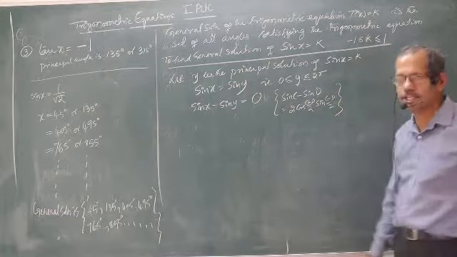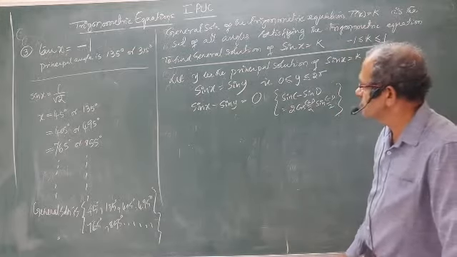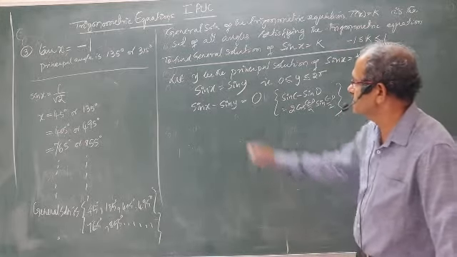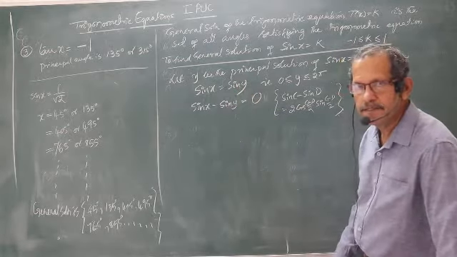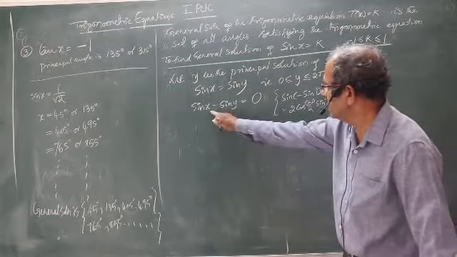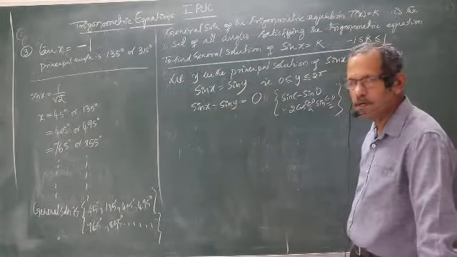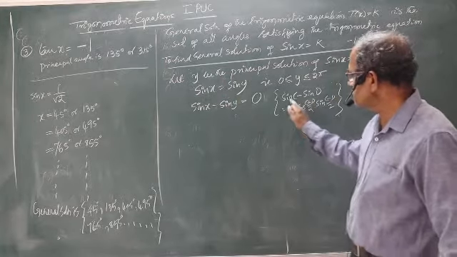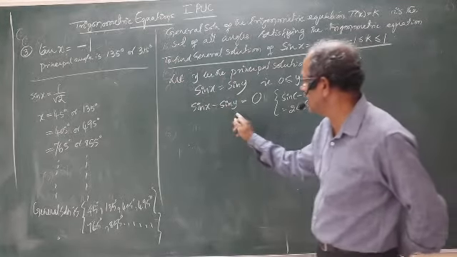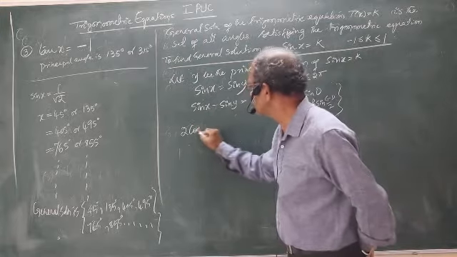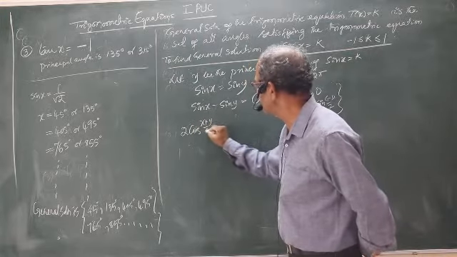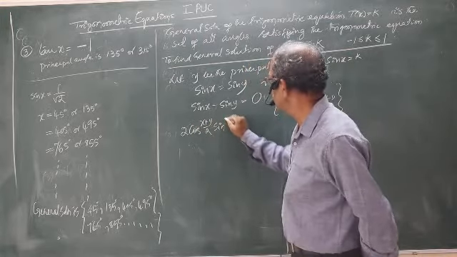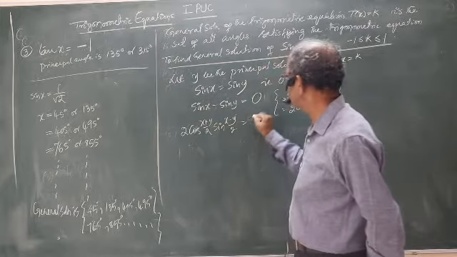Do you remember this? If sin x equal to sin y, then sin x minus sin y should be 0. Applying transformation formula, you can write this one as 2 cos of (x plus y) by 2 sin of (x minus y) by 2 equal to 0.